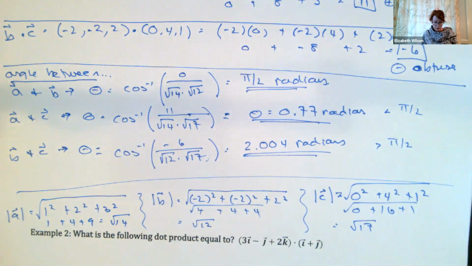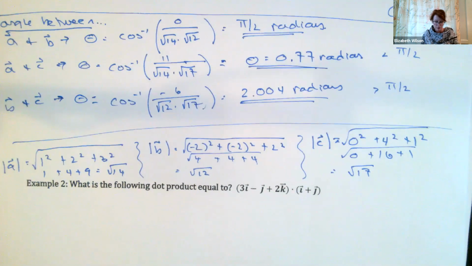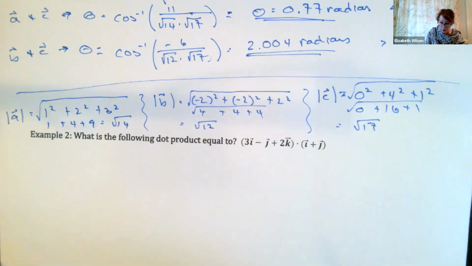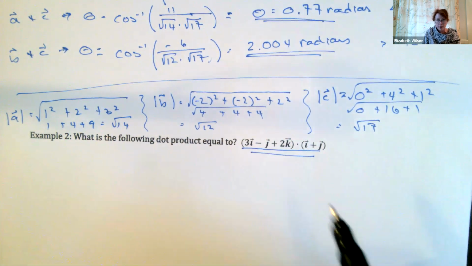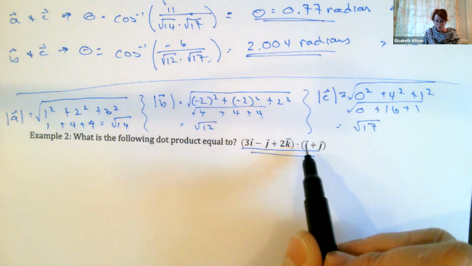All right, you guys all have that there? Okay, so example 2. Do you remember how we talked about, I forget, it was chapter 1.1 or 1.2, another way to represent vectors was to use our unit basis vectors i, j, and k.